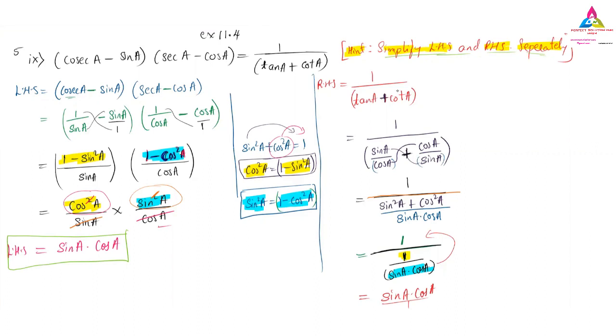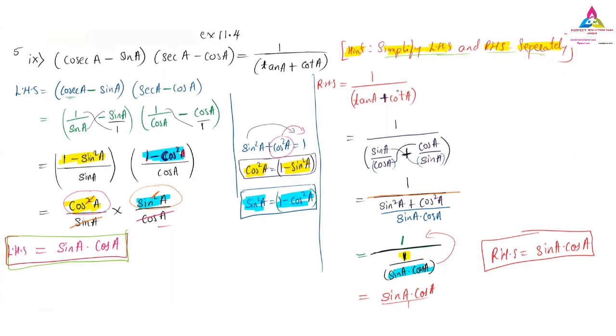If you write it down correctly, the right hand side will become sin A into cos A, because sin A into cos A divided by 1 is sin A into cos A only. And here is the left hand side.